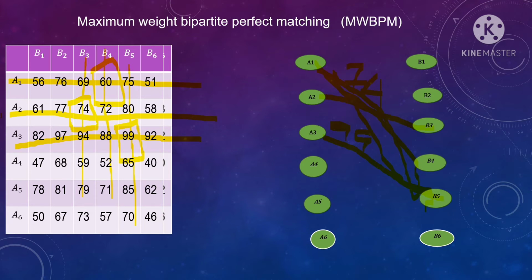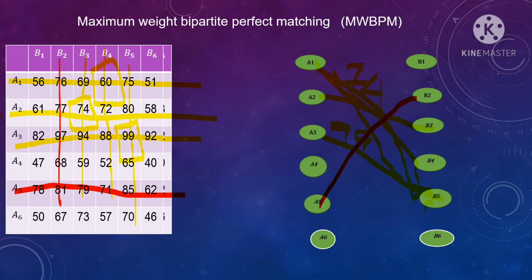And E5 to B2. The number at E5 to B2 is 81. There is an 81 there.